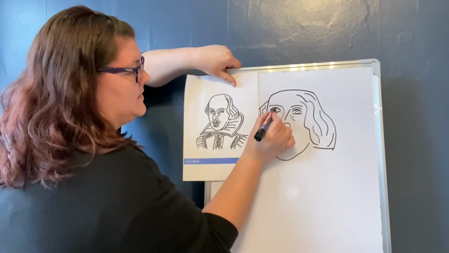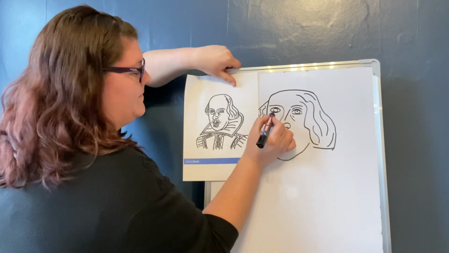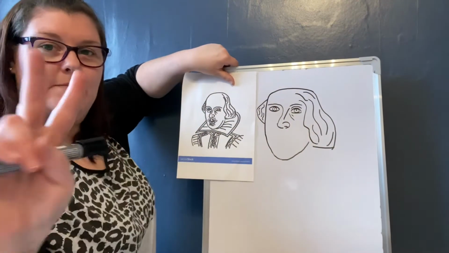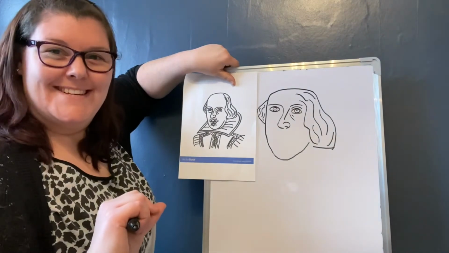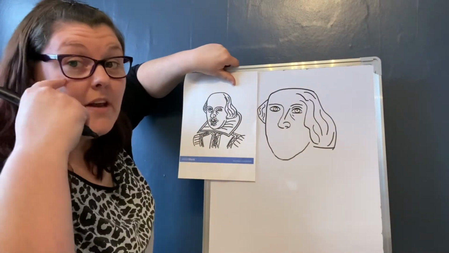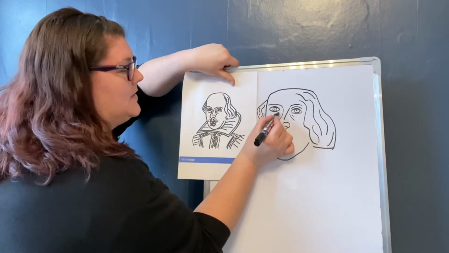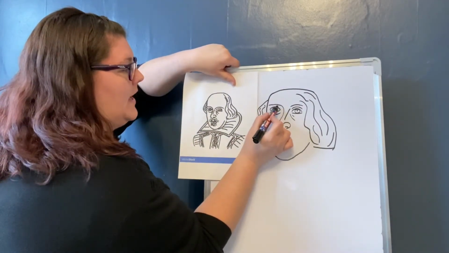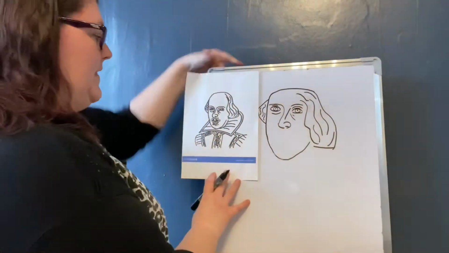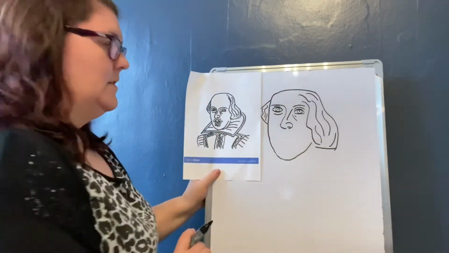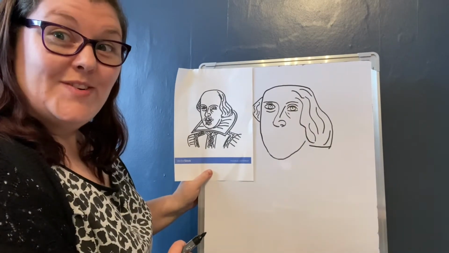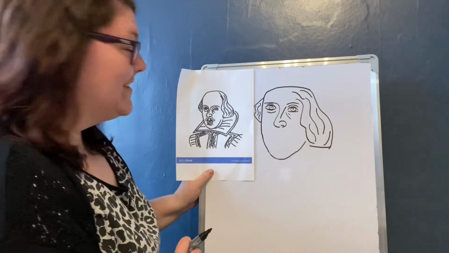And then he's got his eyeball in the middle and another dot. Now William Shakespeare's got two eyes. And then we're going to put in the cheek lines again, so here and here. What do we think so far? Do you like it so far? Are you enjoying it? I love drawing.